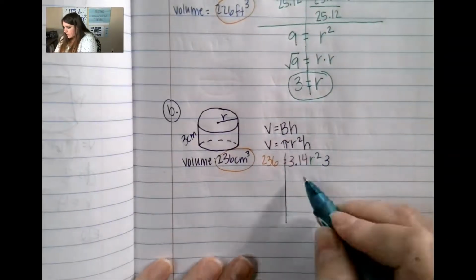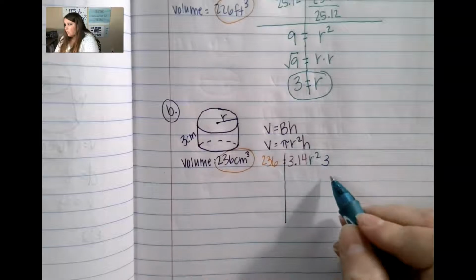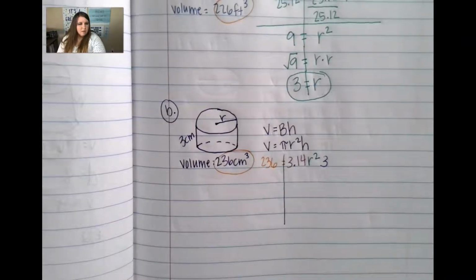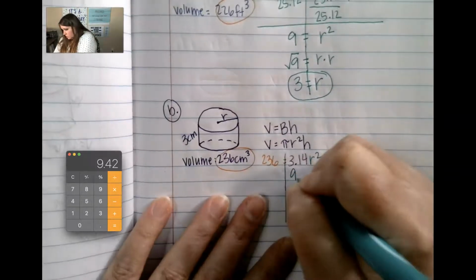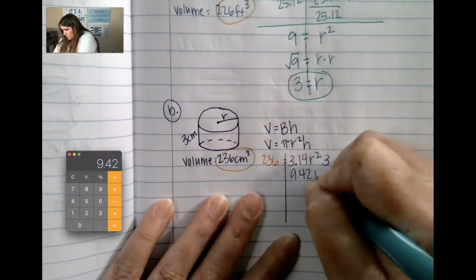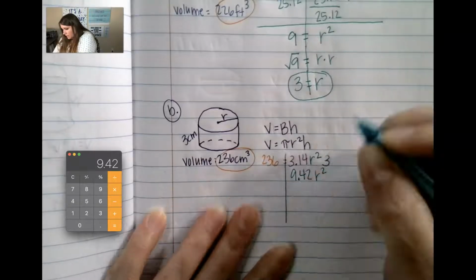We're going to start out by multiplying 3.14 and 3. 3.14 times 3 gives us 9.42 times r squared.